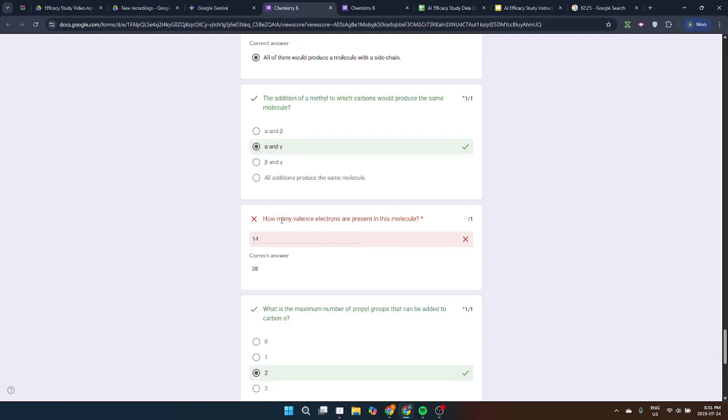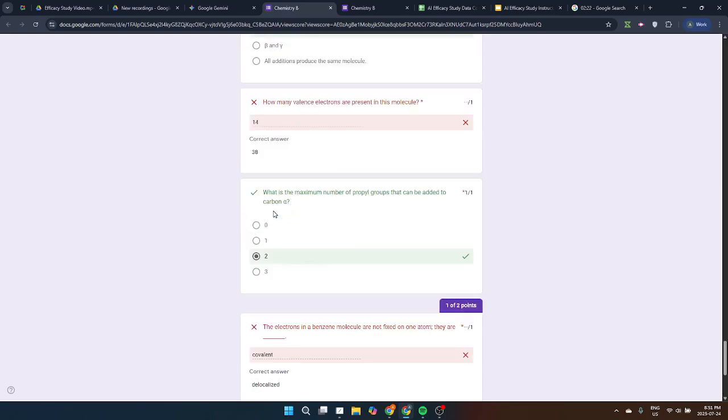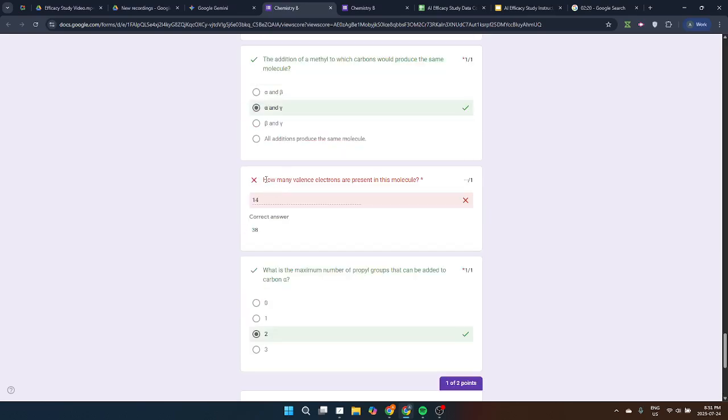And then for this question, at this point, I had not a lot of time left, and the first time I did this quiz, I wasn't very conscientious of the process for determining valence electrons.